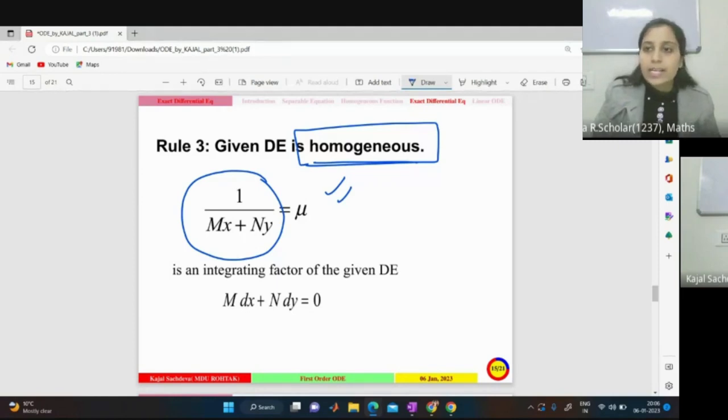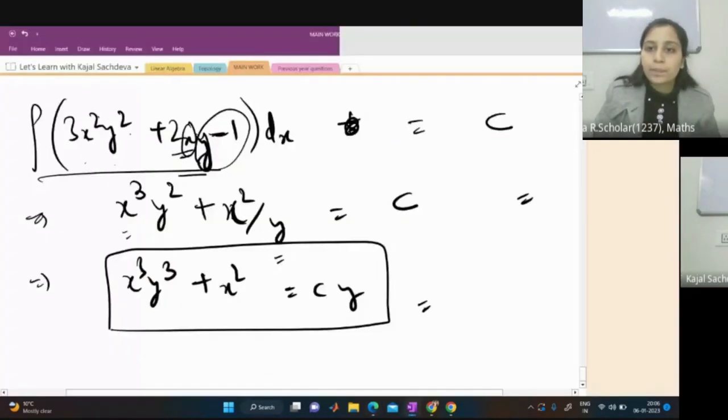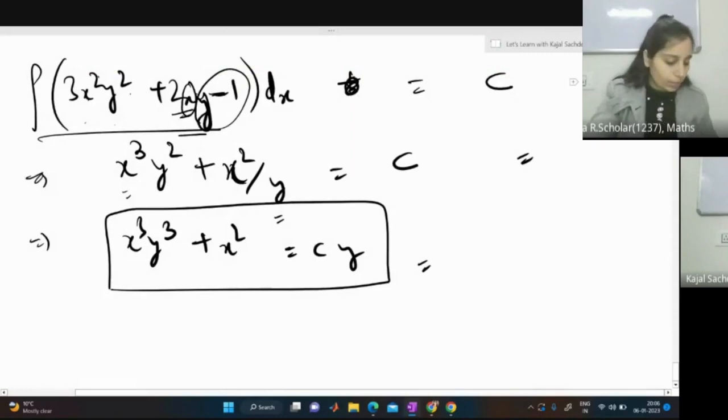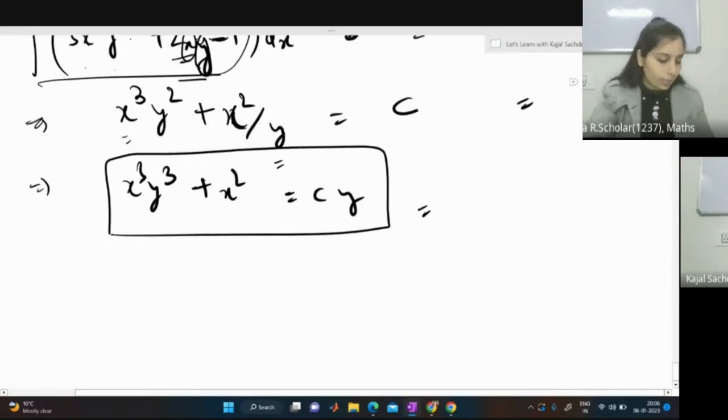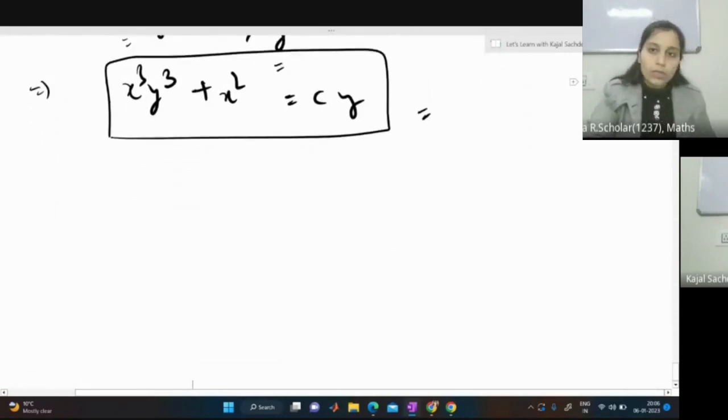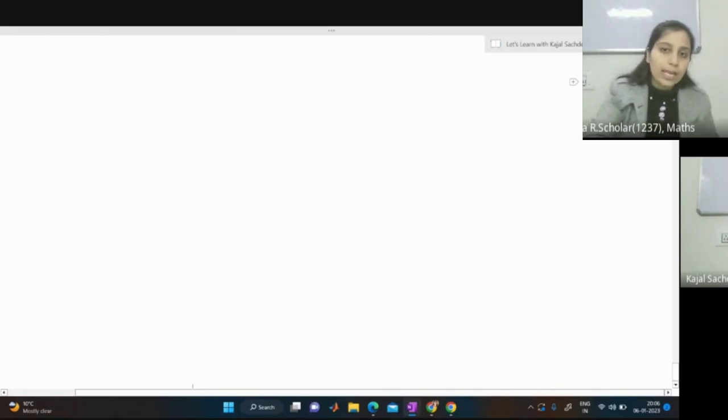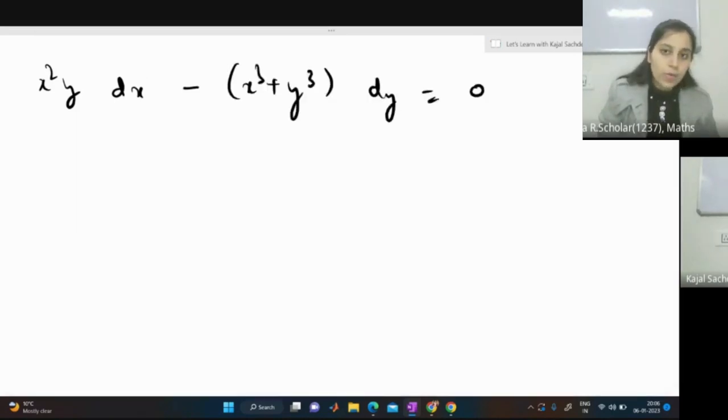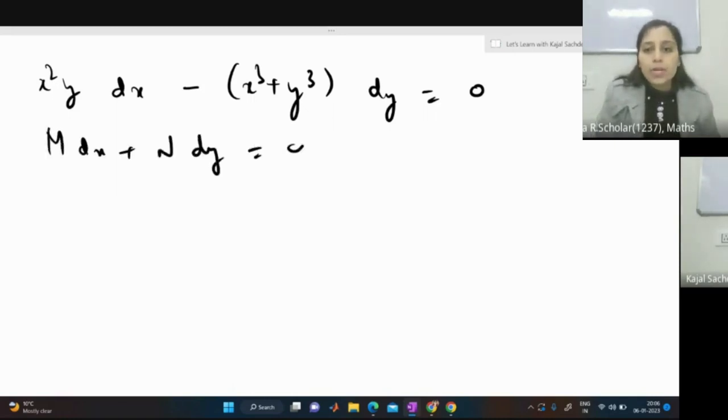So let's try an example based on this. We have a question: x²y dx − (x³ + y³) dy is equal to 0. Compare it with M dx plus N dy is equal to 0.